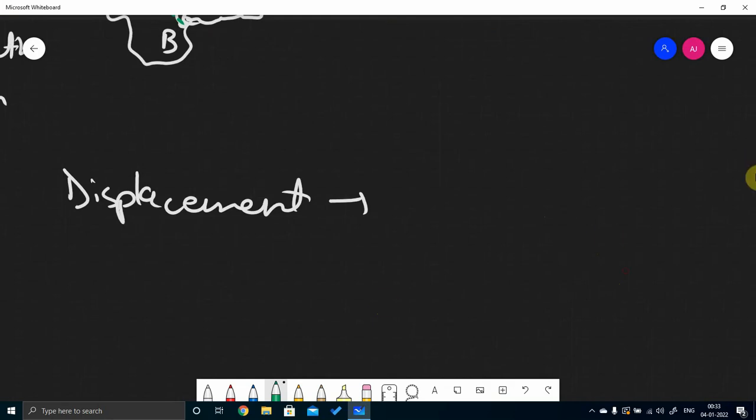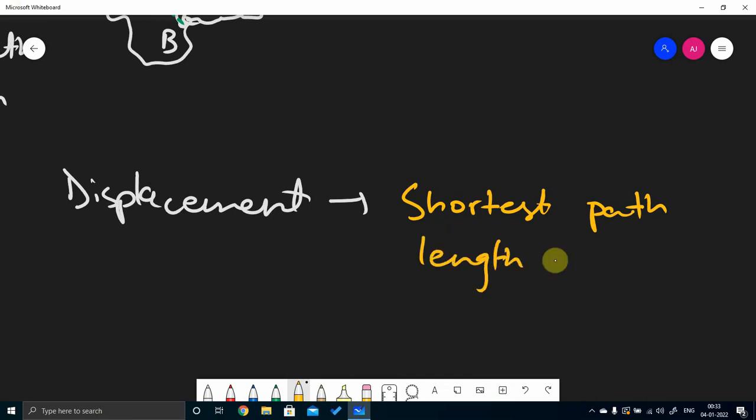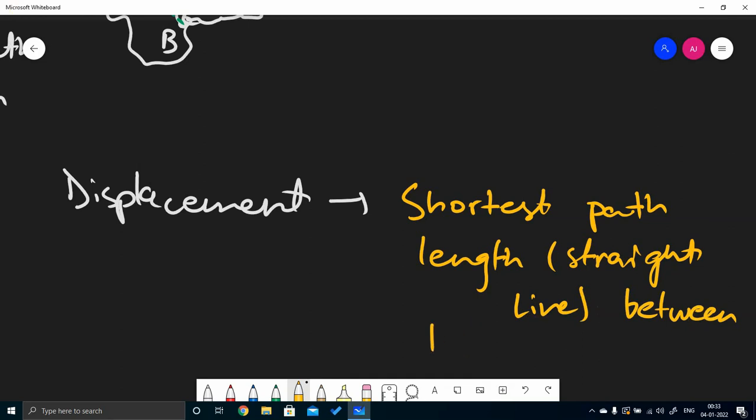So if I have to write what displacement is, it is the shortest path length, which is basically a straight line between any 2 points, right? Hopefully you guys like my handwriting. So there can be infinite distances, but there can be only one displacement.